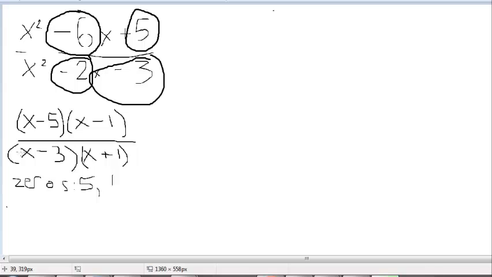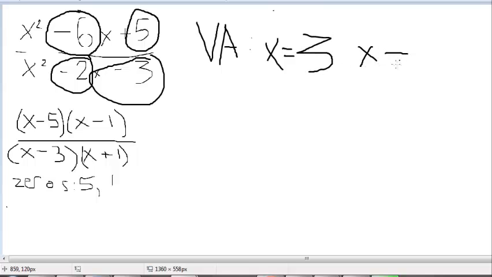A number that would make the bottom equal 0 would be 3, or -1, causing one of these portions to be 0, making this equation undefined. So we know that our vertical asymptotes would be x equals 3 and x equals -1.